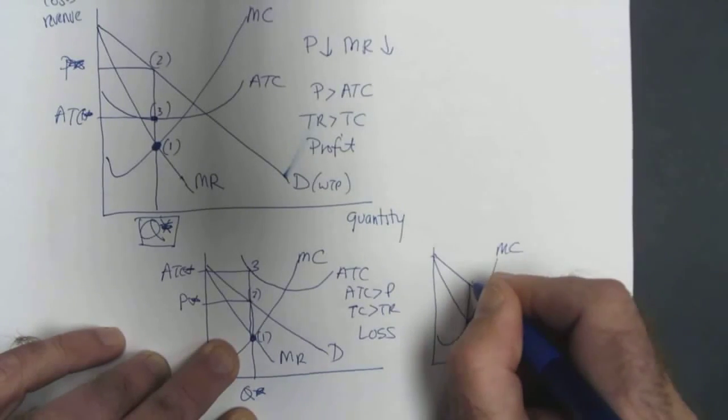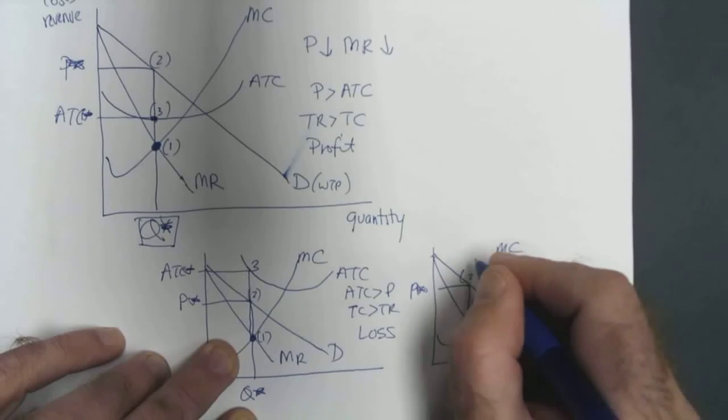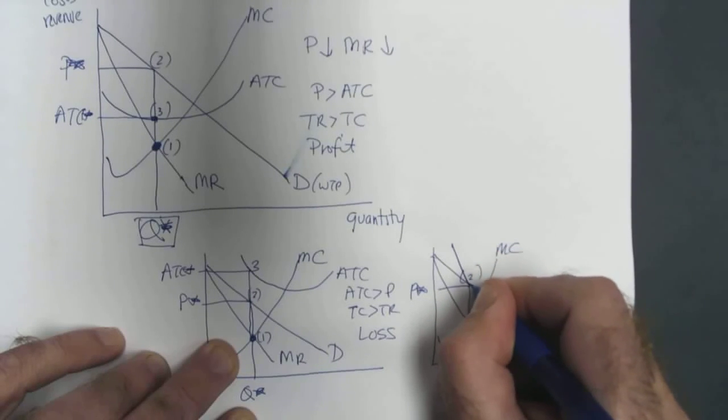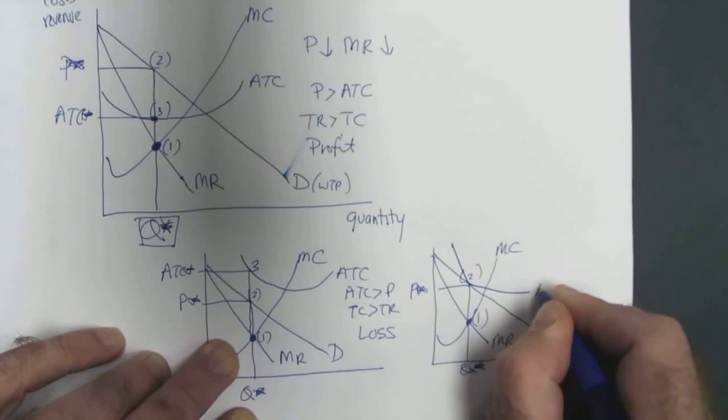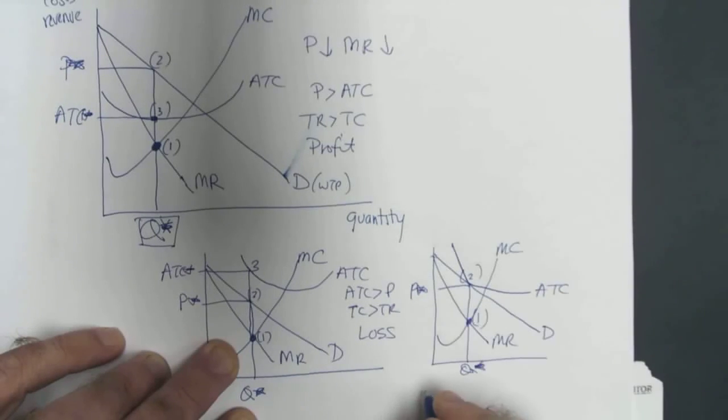We come all the way up to, you guessed it, the demand curve, and that's going to give us the price. Now the ATC curve is going to be lying on top. It's going to be chilling, ATC right here. So now we know that the ATC is equal to price, therefore total cost is equal to total revenue. So the firm is breaking even.